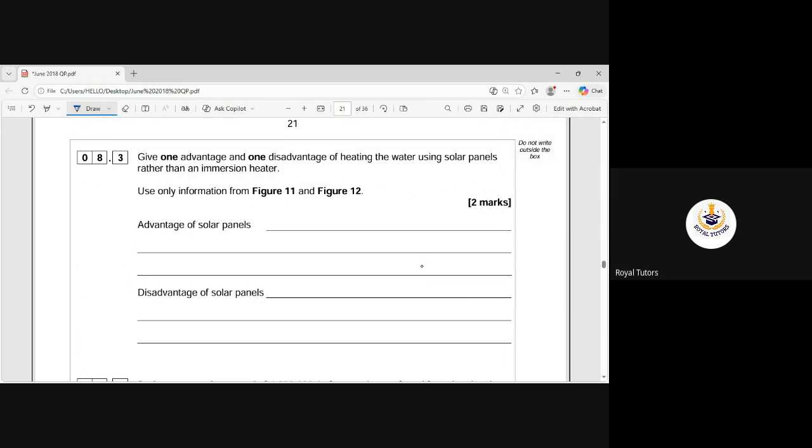So that means the water will be heated continuously. That is the advantage, because the source is the sun.